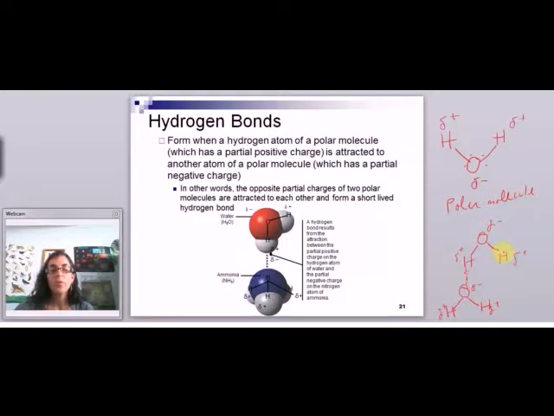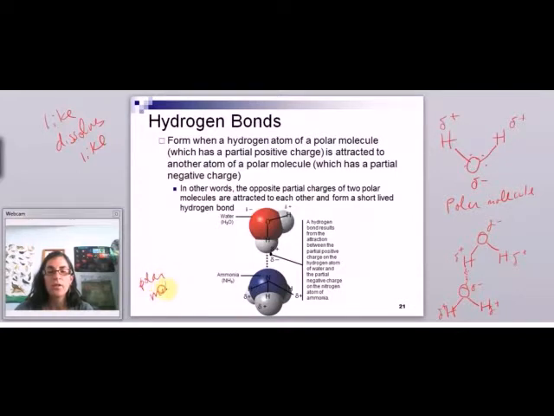And this is why polar molecules will dissolve into water. So you may know the rule like dissolves like. When we talk about water, only other polar or charged molecules will dissolve into water because of this polarity and the ability to form hydrogen bonds. Ammonia, for example, will dissolve into water because ammonia is also a polar molecule.